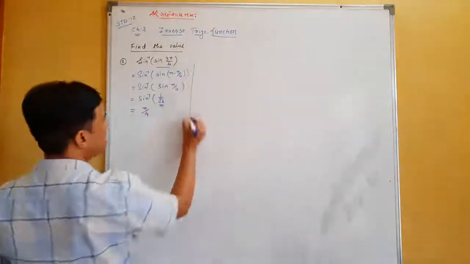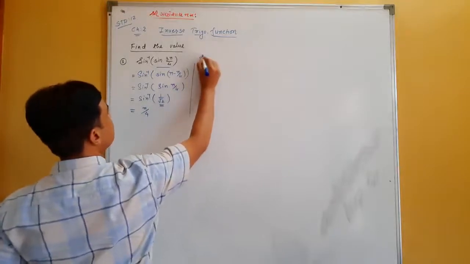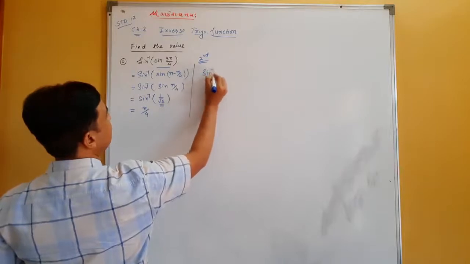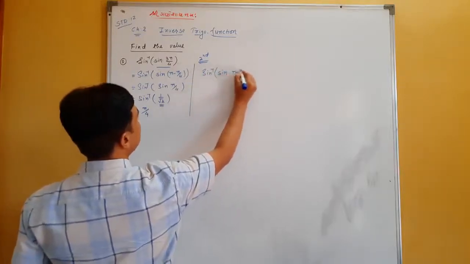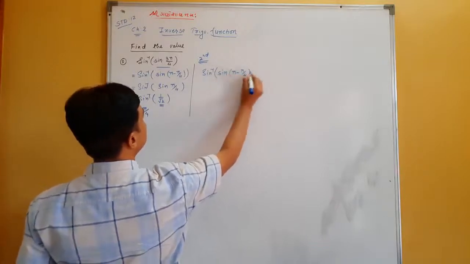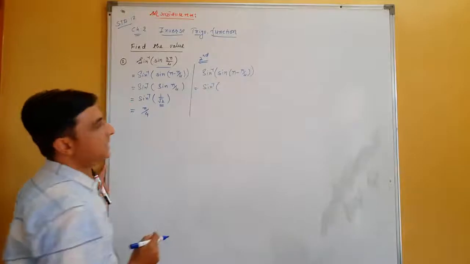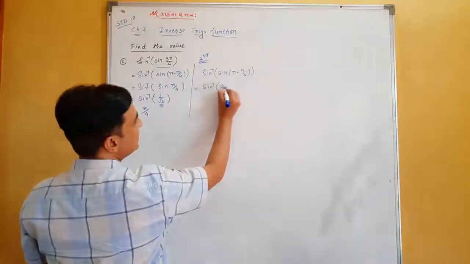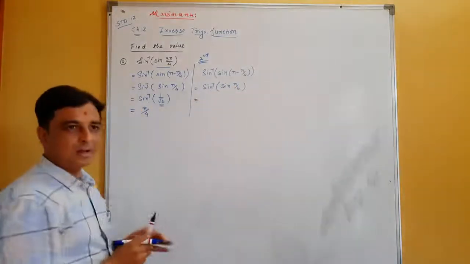Another way, see, let's see that sine inverse sine pi minus pi by 4. So it is sine pi minus, second quadrant sine is positive, that means it becomes sine pi by 4.